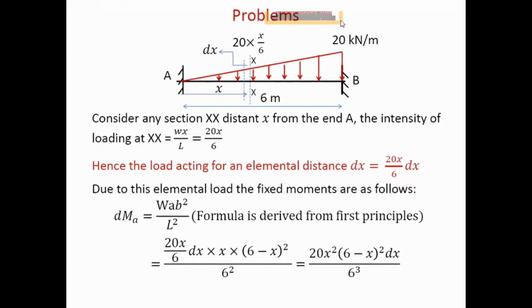So how to find this intensity of loading at a distance x? It is simple cross multiplication. We have two things. When span is 0, we have intensity of loading as 0.